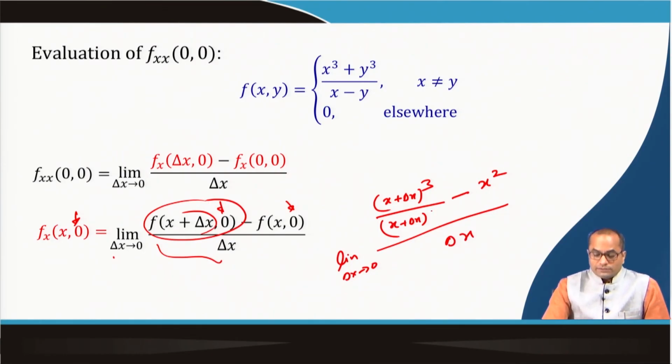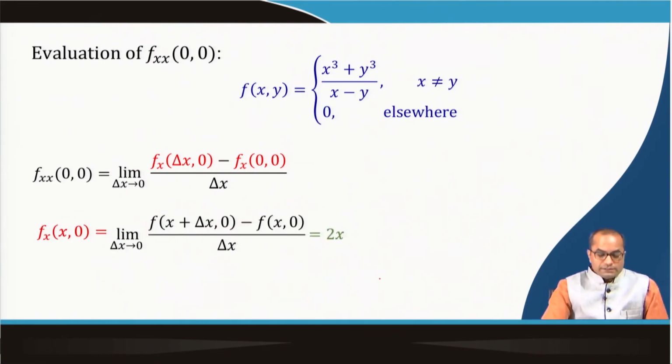So, in this case this also has a square there, and what we have is x square. So, x square will get cancelled, we have 2x delta x and then plus the delta x square term, and we have delta x. So, as this limit delta x goes to 0, we have just 2x there.